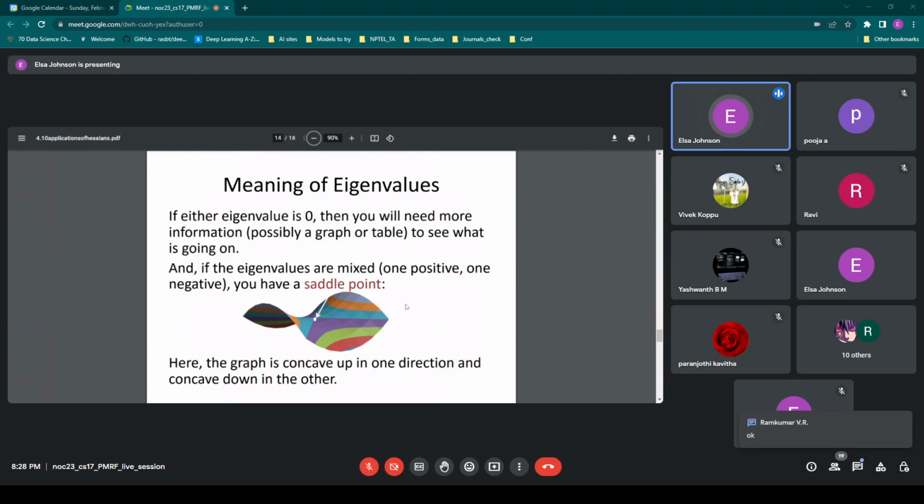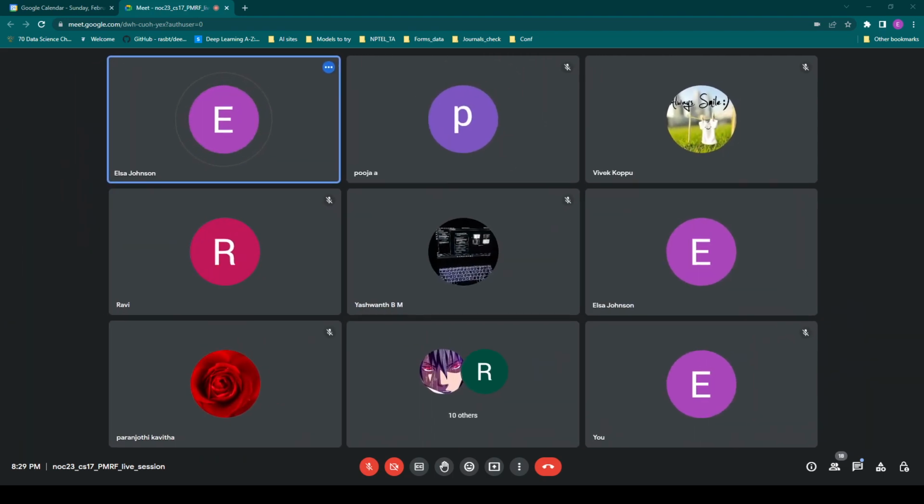Since your saddle point comes in the univariate and the Hessian matrix is a similar case for the multivariate, a similar thing will be coming. It's kind of a saddle point. Okay. So does anyone have any other doubt? I'll share this resource also in the PPT, all right? So that you can see that.